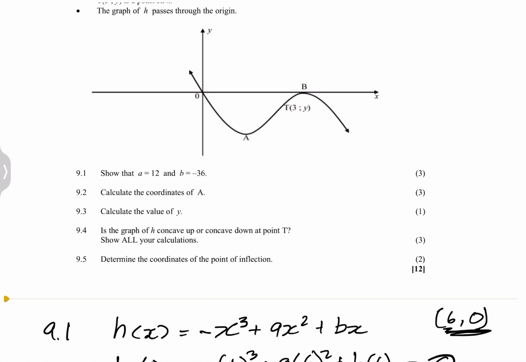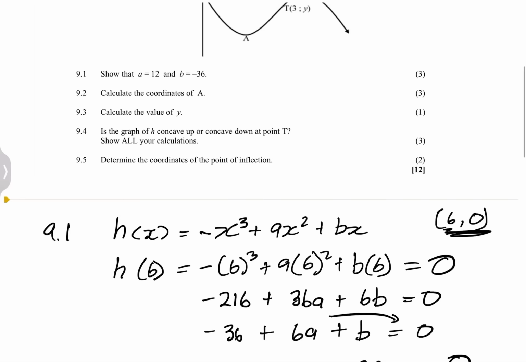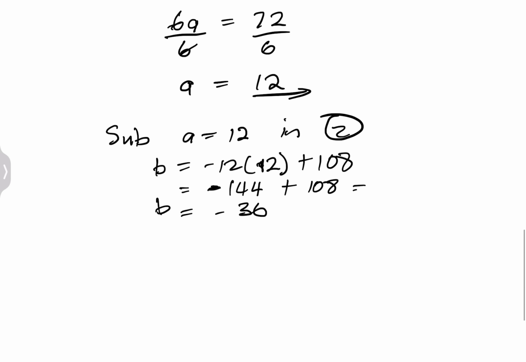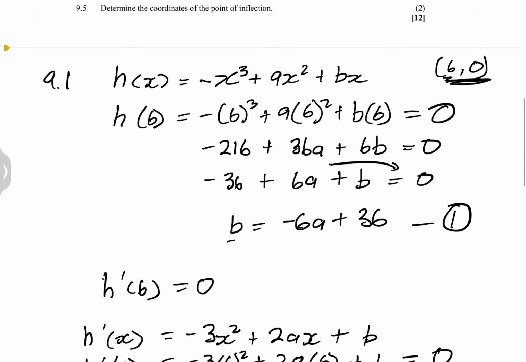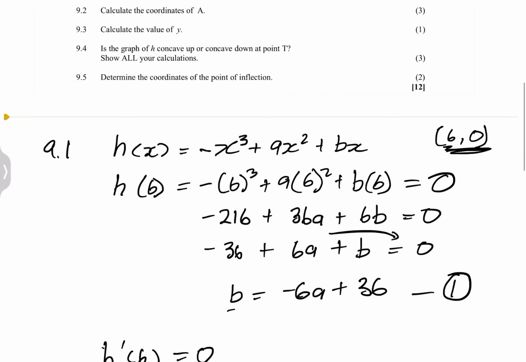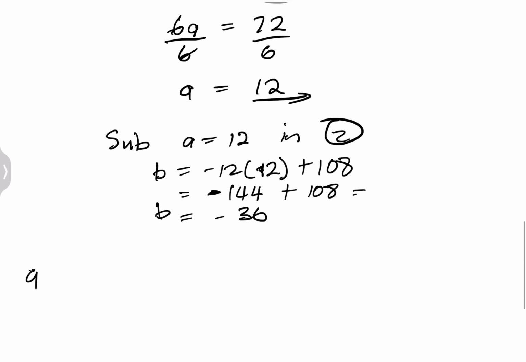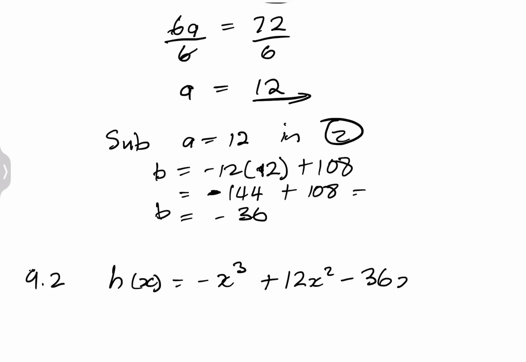Now the next question, they say calculate the coordinates of A. So it means we're looking for the other turning point now, right? So what I'm going to do, now that we know the equation, okay, so for 9.2, now that I know the equation of h of x, right? So that's going to be minus x cubed, right, plus 12x squared minus 36x, right?